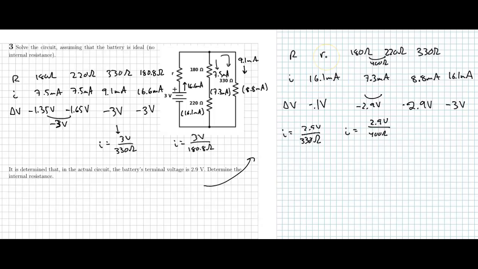So now I can apply Ohm's law to that resistor. So 0.1 volts is 16.1 milliamps times R. So R is 0.1 volts over 16.1 milliamps, which is about 6.3 ohms. So that is the internal resistance, which is what we were looking for.